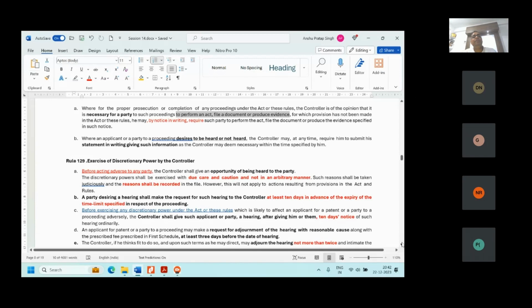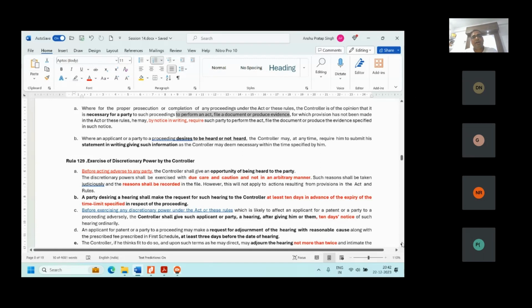Now, before acting adverse to any party, suppose you are going to decide something which is going to harm other parties' interest or right, then the other party has a right to get an opportunity to be heard. As I have told earlier also, this is a part of the principle of natural justice, audi alteram partem.